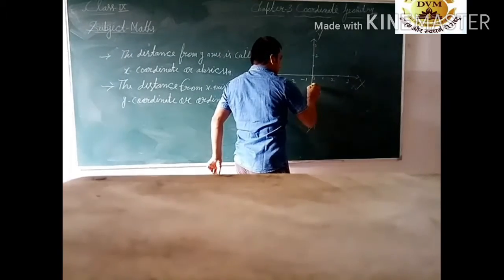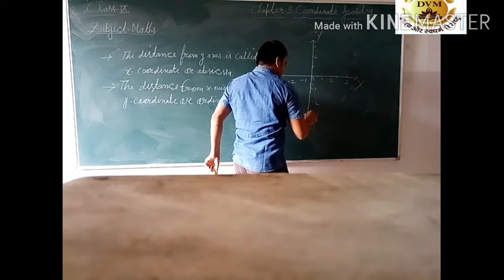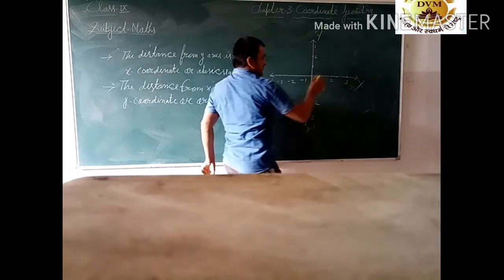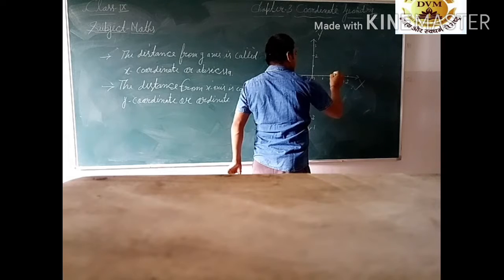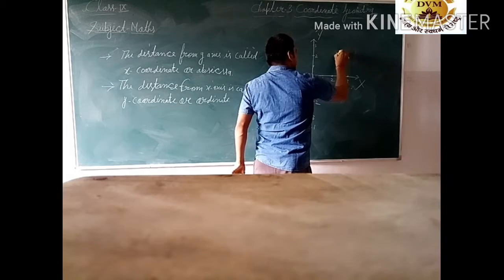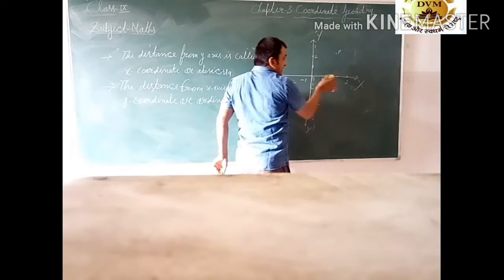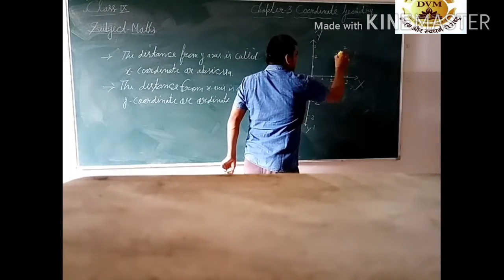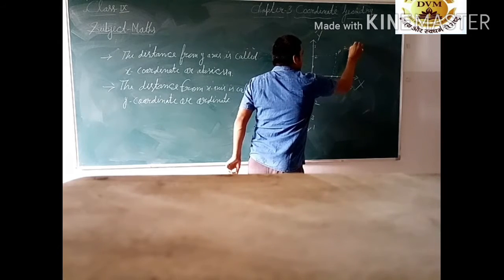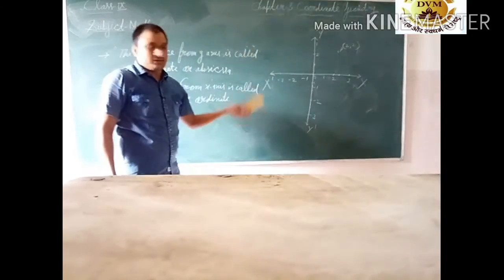So this is -1, -2, -3. Clear? This is called the origin. So what is the coordinate of point P? You can check. The distance from the x-axis is 2 and the distance from the y-axis is 2, so (2, 2). Clear? So we can find the coordinate of any point.